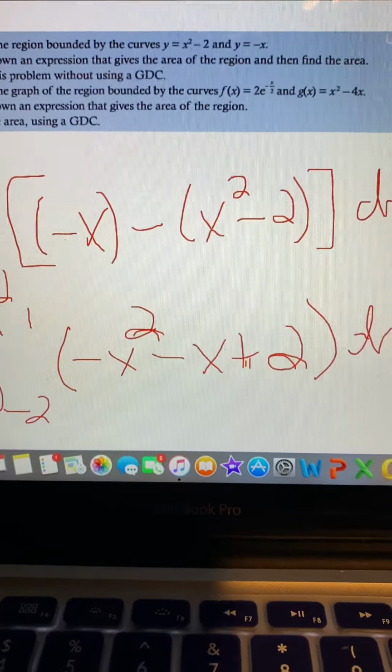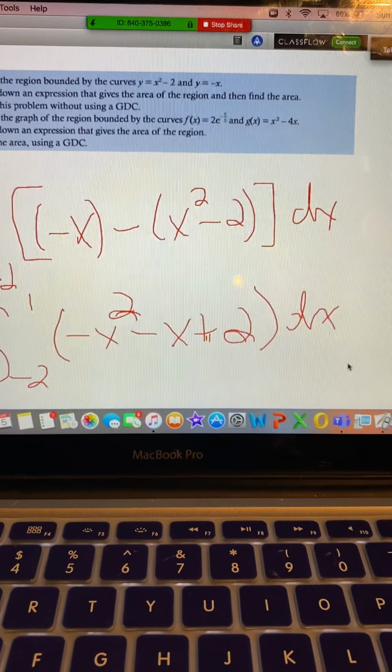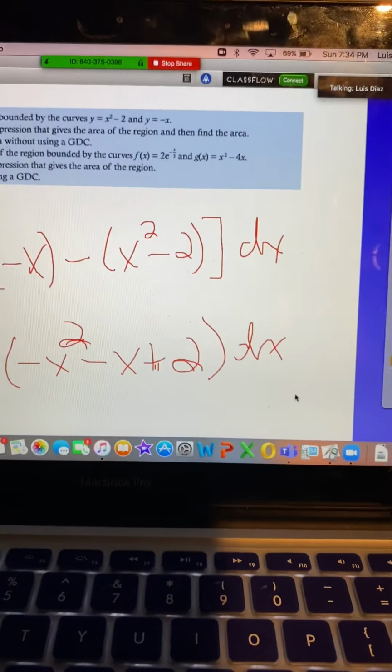One of these days, I'm going to get it right. I won't have to record on this little phone. Okay, so that's my integral.